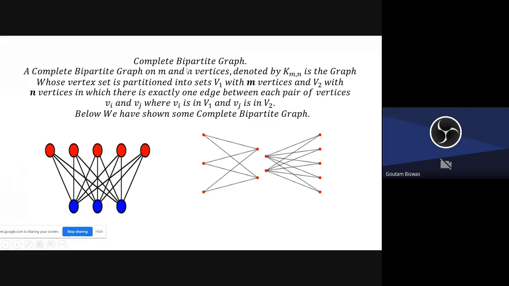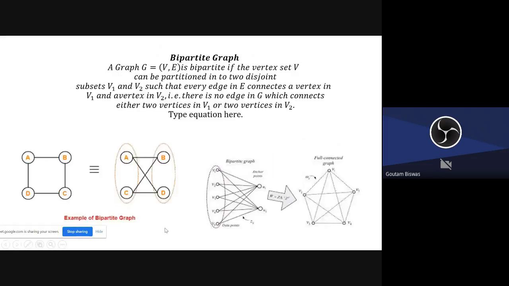So a bipartite graph you know, and what is a complete bipartite graph? This is very easy to understand. This graph is also a complete bipartite graph. That means this graph is also a complete bipartite graph. Okay.